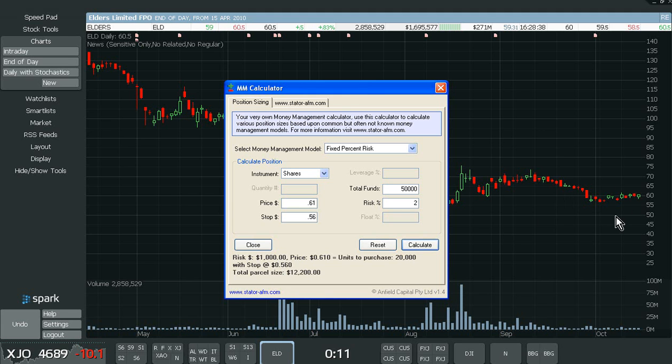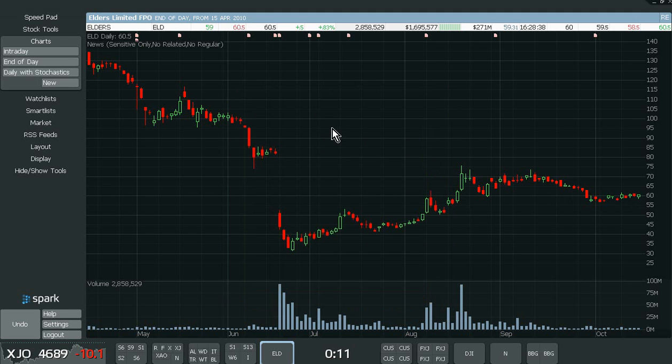Now, of course, sometimes you're going to get slippage, and you're going to end up losing more than that. But these calculators are a good way to keep your losses quite manageable in the beginning when you first start trading.